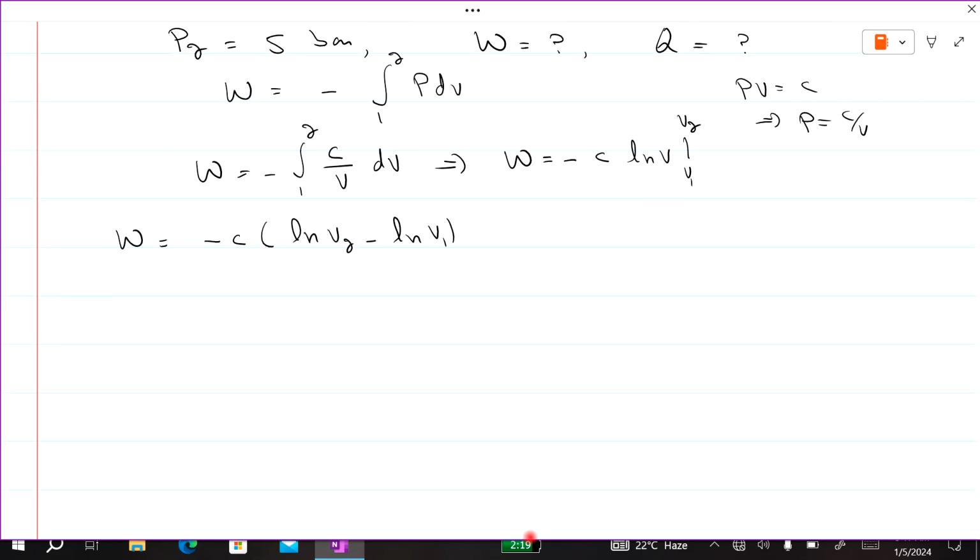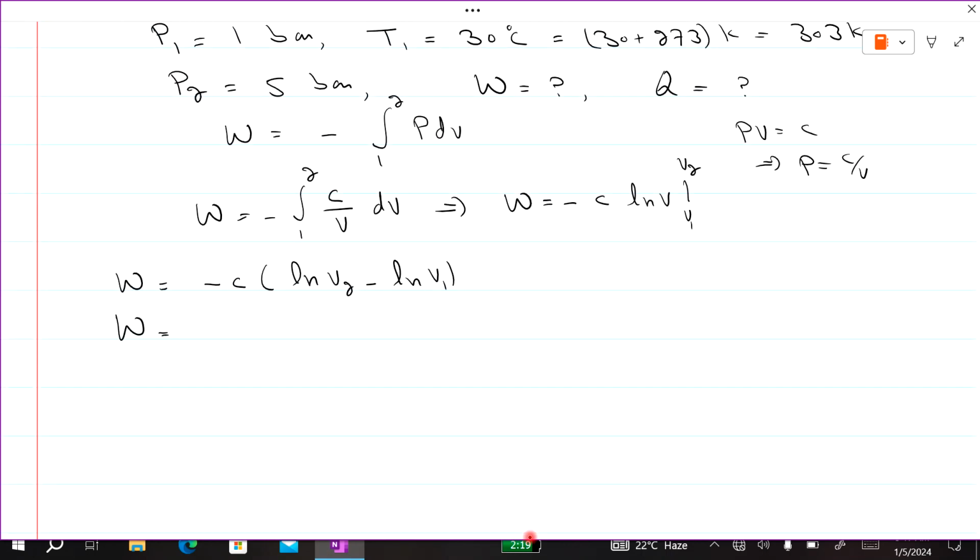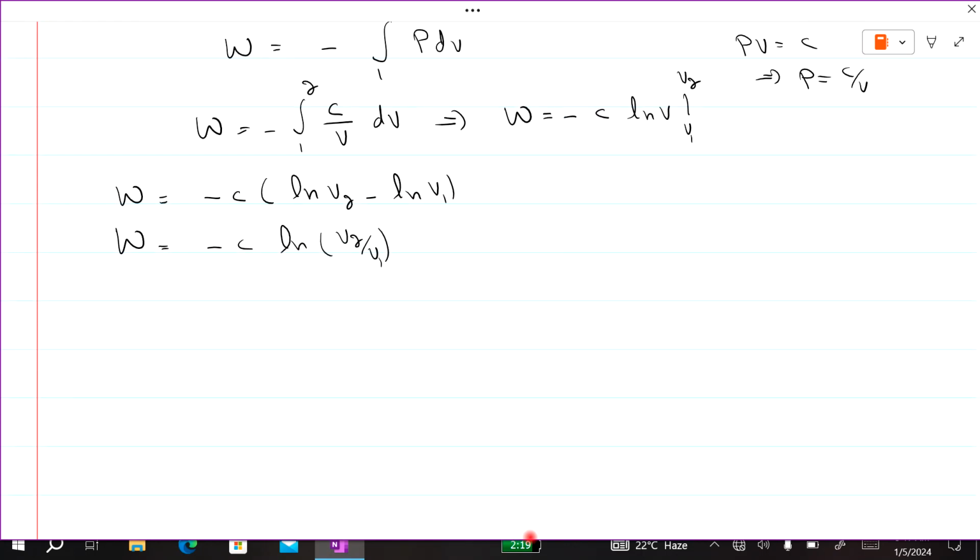Now apply the logarithmic law. So natural log of V2 minus natural log of V1 is equal to natural log of V2 divided by V1. Now C is equal to PV, and according to the ideal gas equation, PV is equal to RT. So we can write C is equal to RT.